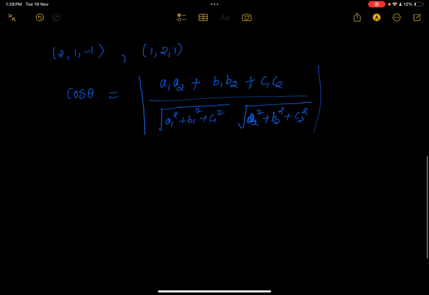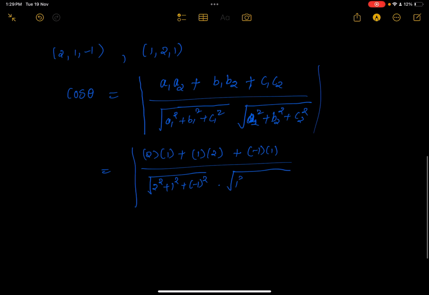So plug in the values. This will be 2 into 1 plus 1 into 2 plus minus 1 into 1, upon root of 2 square plus 1 square plus minus 1 whole square, into root of 1 square plus 2 square plus 1 square.